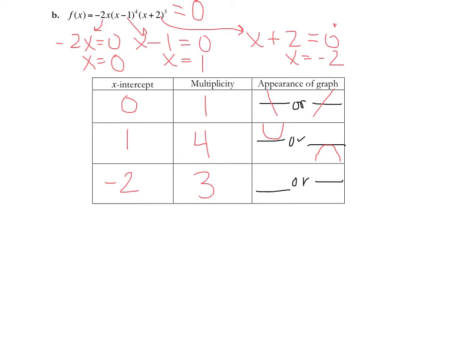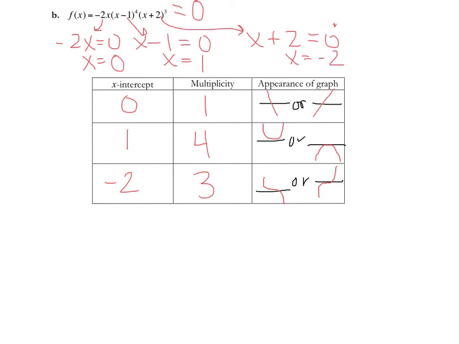So these are our two possibilities for what our graph will look like near the x-intercept x equals 1. And finally, looking at our last x-intercept, we have a multiplicity of 3. When we have an odd multiplicity greater than 1, it makes this curvy shape where it evens out close to the x-axis, but ends up actually passing through.